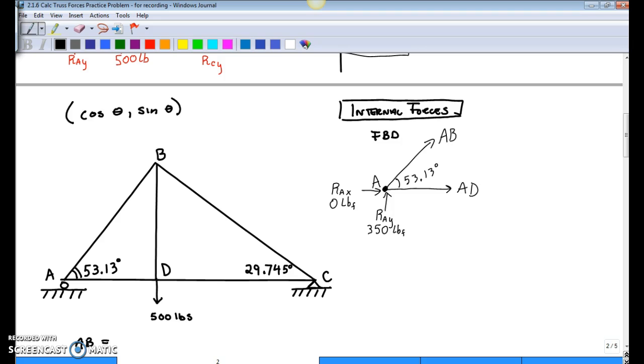So in doing that, we have to break component AB from its angle into its components x and y. In doing that, we've got this. This is AB itself.